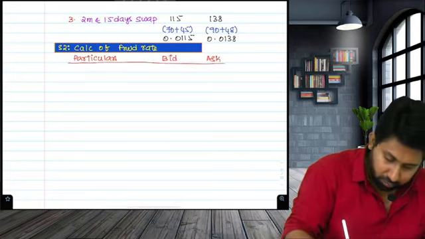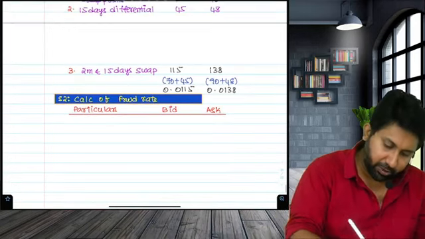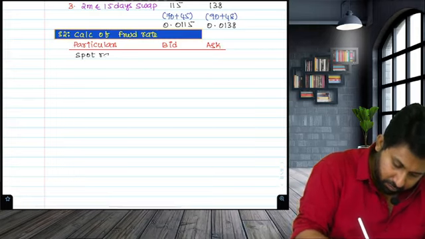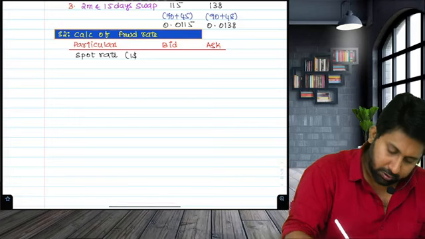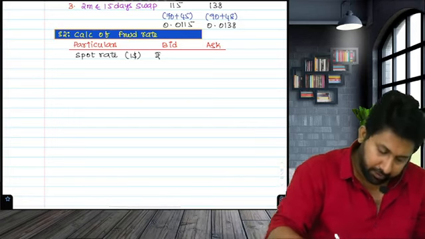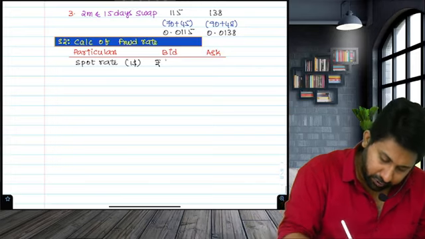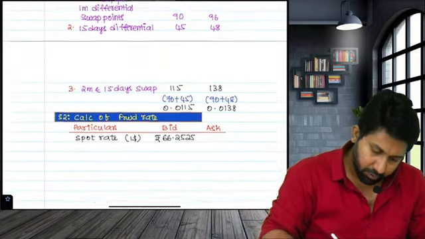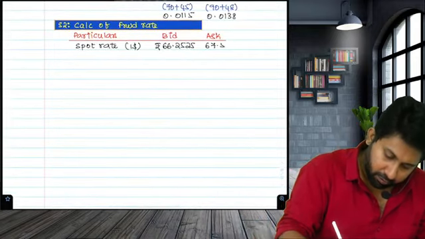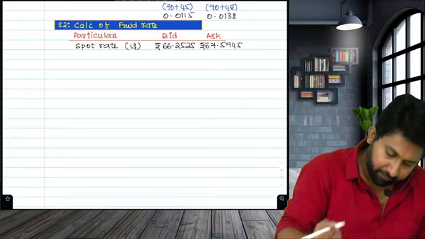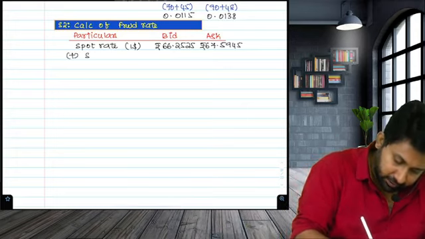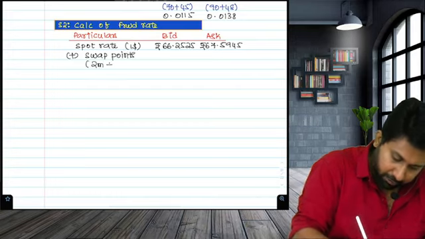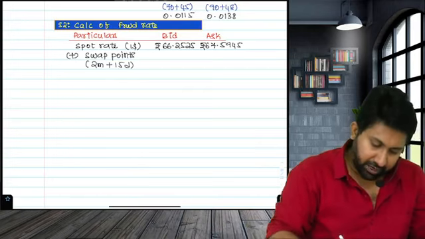Let us write down the spot rate first. Spot rate $1, rupees 66.2525, 67.5945, plus swap points for 2 months and 15 days.